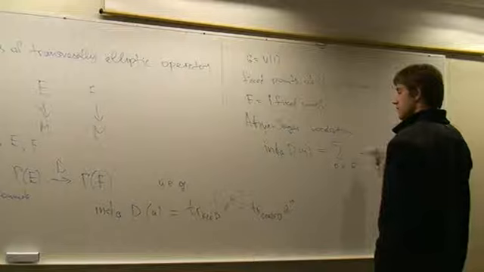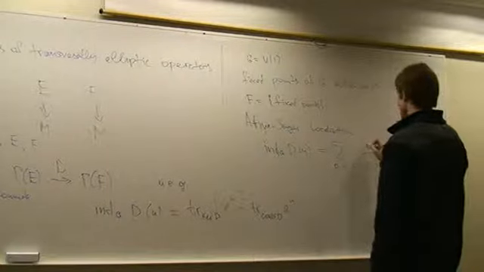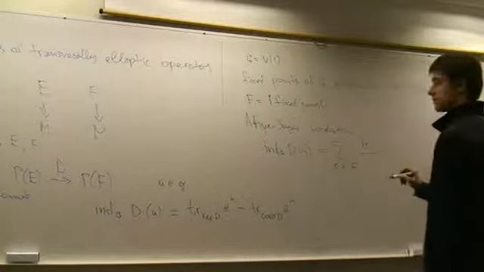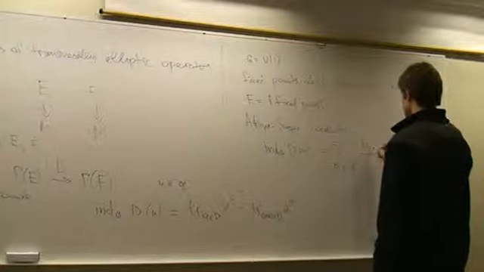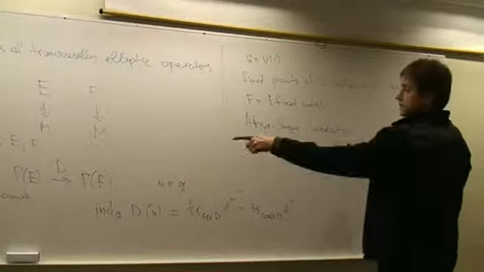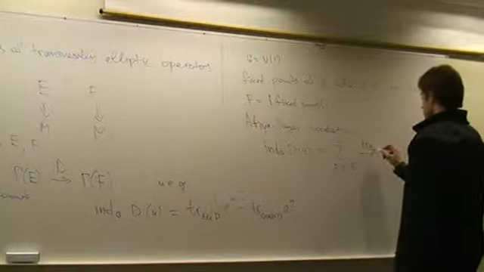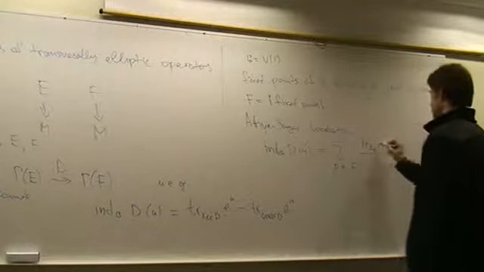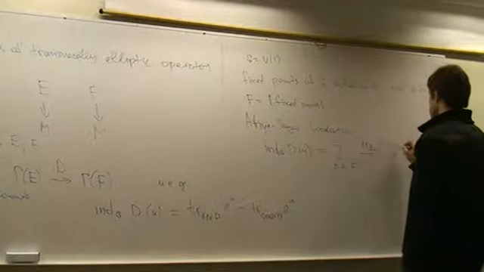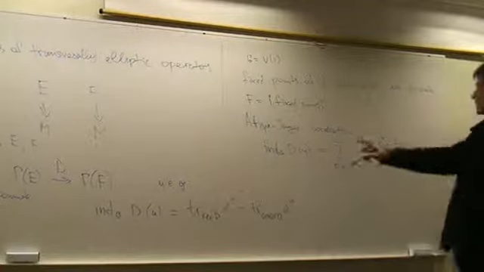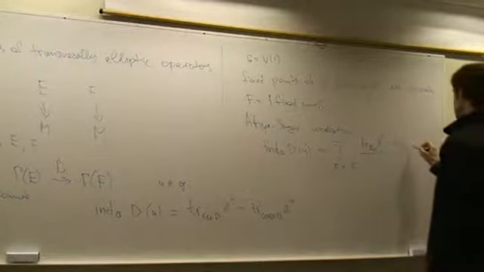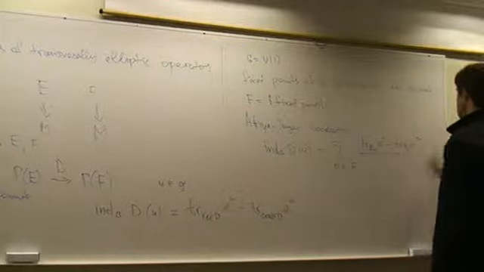So it would be the trace over the fiber of the vector bundle E at the point P of e to U, minus the trace over the fiber of the vector bundle F at the point P of e to U.